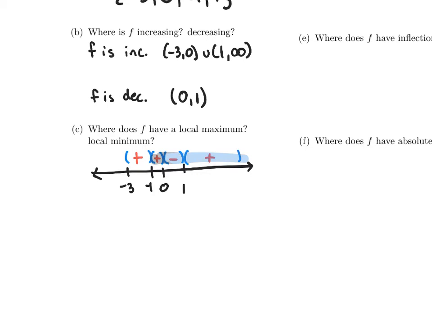So we are going to have a local maximum when our derivative goes positive to negative. So we have a local maximum at x equals 0. And then we are going to have a local minimum where our derivative goes negative to positive, and that happens at x equals 1.